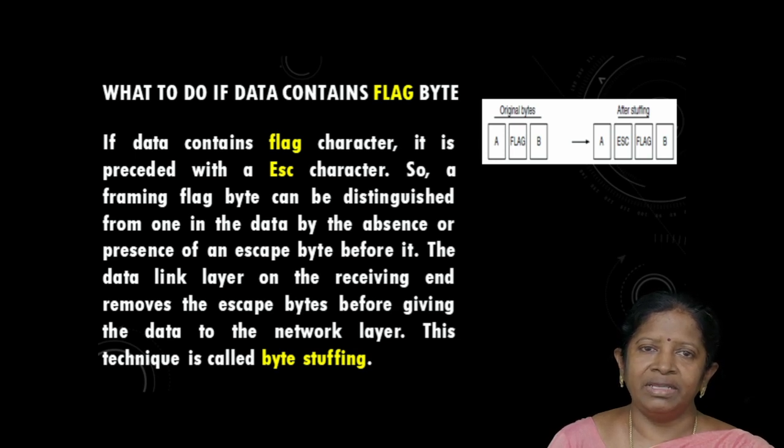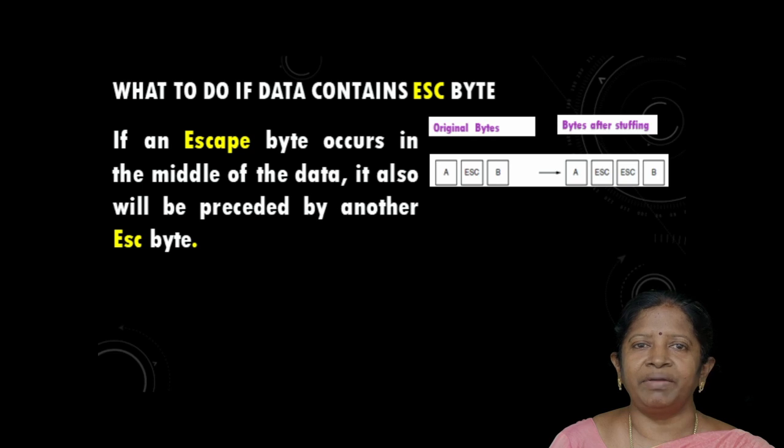But if the escape itself is appearing inside the data, then one more escape character will be placed before that escape character. So on the receiver side, if it is receiving 2 consecutive escape characters, then one escape character will be stripped off and it will be considered as a data escape character.